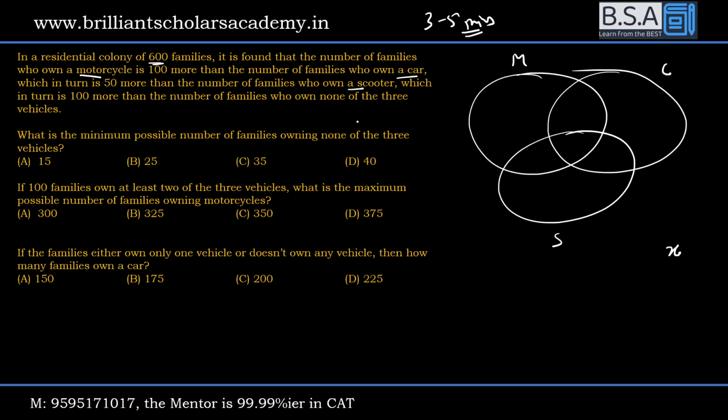If this is X, then families which own scooter is 100 more than families who own none. If this is X, this is 100 plus X. Families who own a car is 50 more than families who own a scooter. Families who own a motorcycle is 100 more than families who own a car.